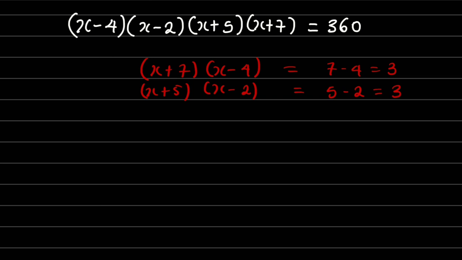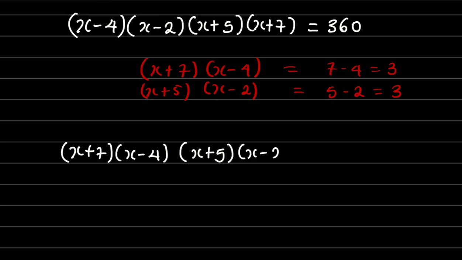So we'll now continue with our arrangement. So seeing this, we are going to have the arrangement as x plus 7 into x minus 4, then we will now have x plus 5 into x minus 2 is equal to 360.